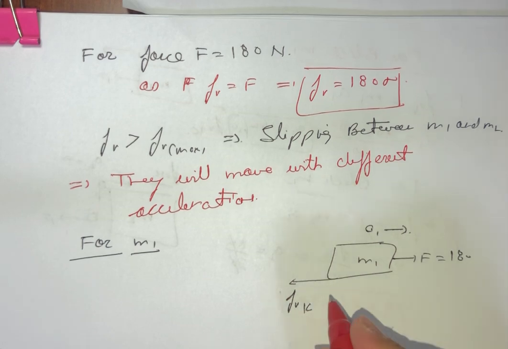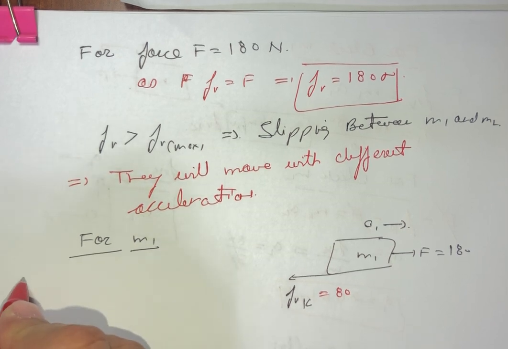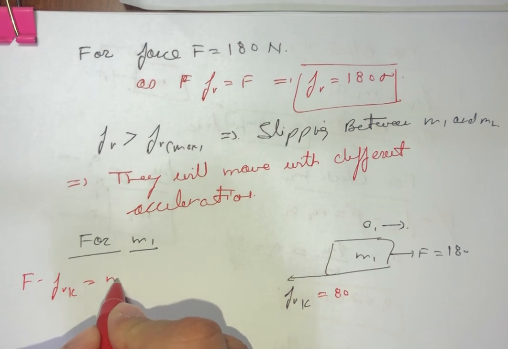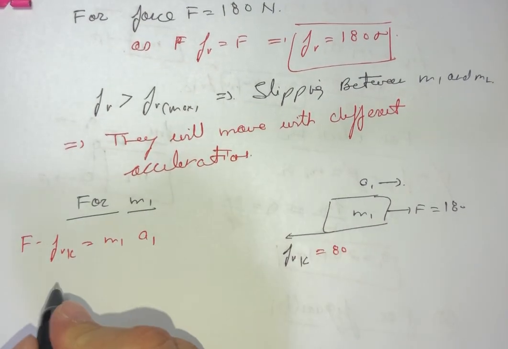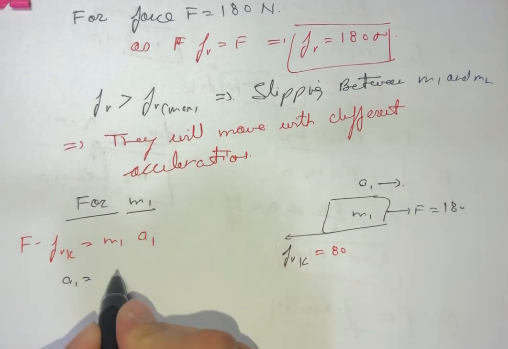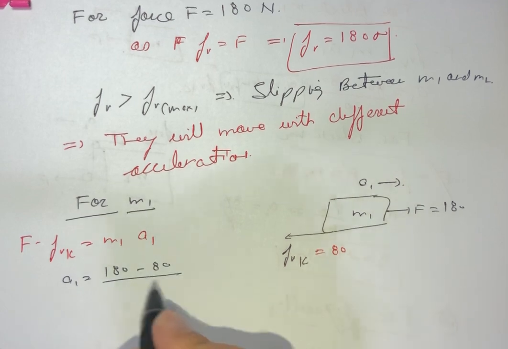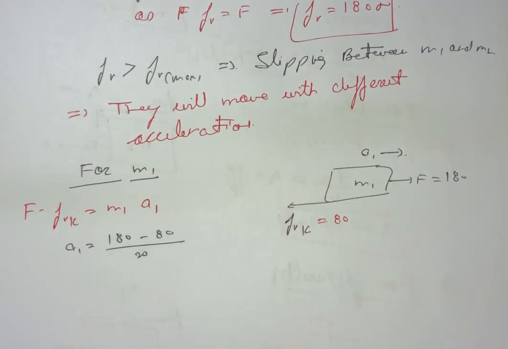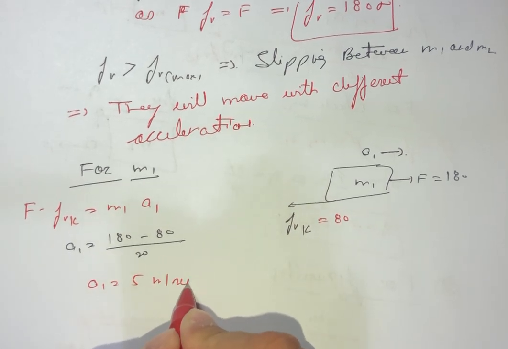We already know Frk is 80, so F minus Frk is equal to M1A1. From here, A1 is equal to 180 minus 80 divided by M1, that is 20. So we get A1 equal to 5 meter per second square.